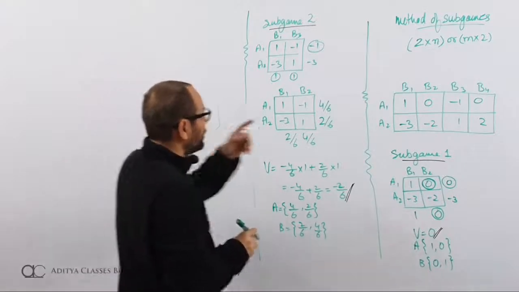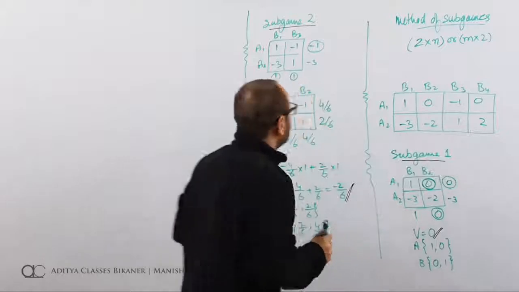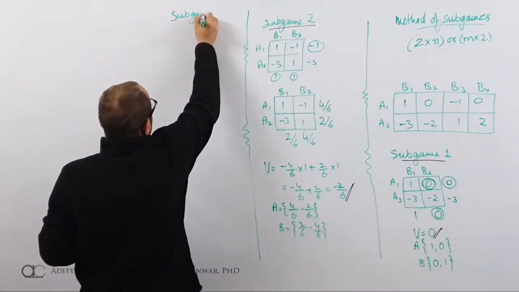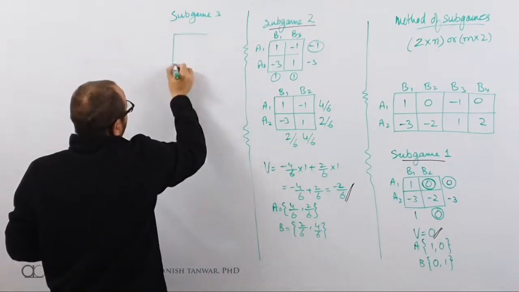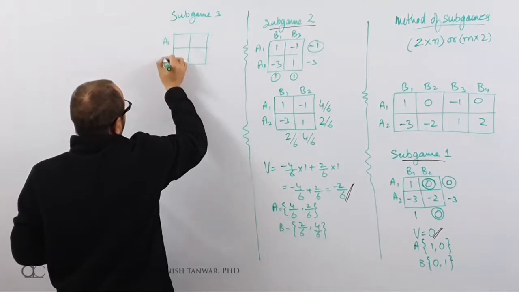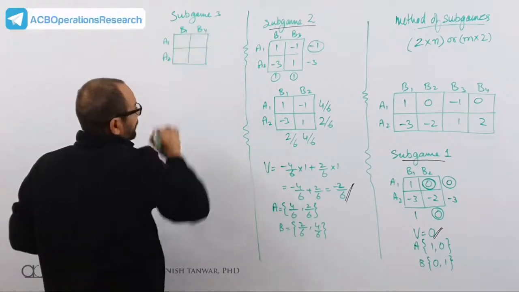Now another subgame could be, we have checked B1, B2, B1, B3, another subgame could have been B1, B4. Subgame 3, B1 and B4. A1 and A2, B1 and B4.